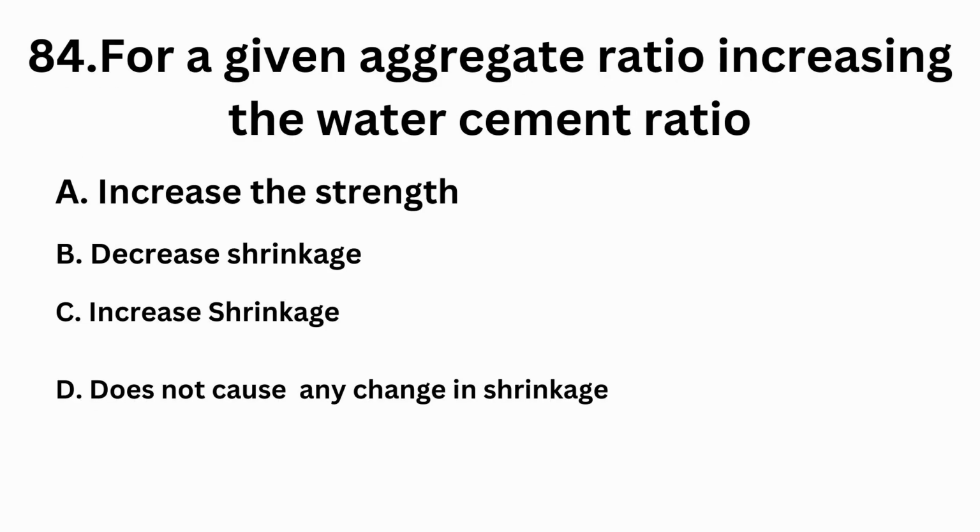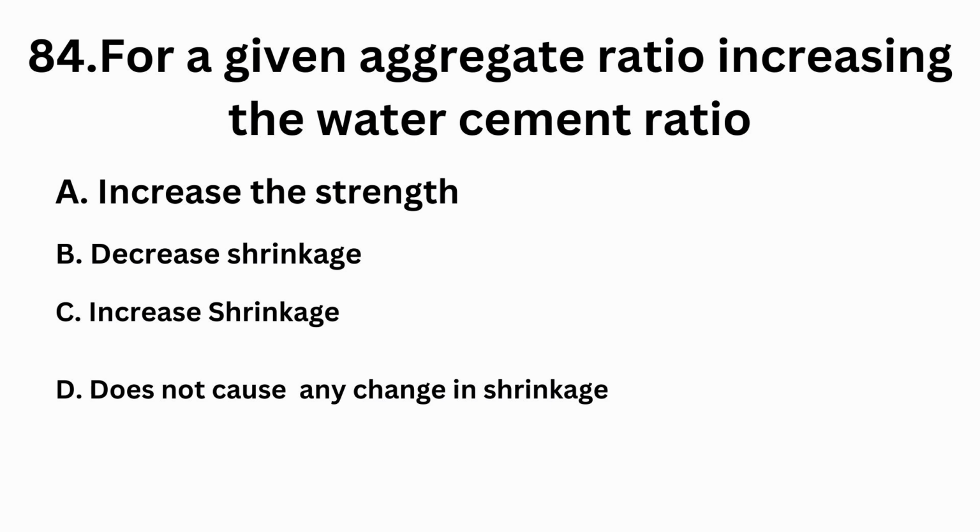84. For a given aggregate ratio, increasing the water cement ratio: A. Increase the strength, B. Decrease shrinkage, C. Increase shrinkage, and D. Does not cause any change in shrinkage. The water cement ratio is the ratio of the weight of the water to the weight of the cement used in the concrete mix.